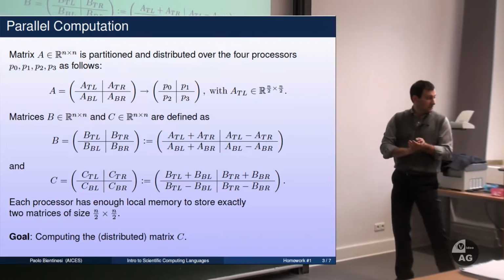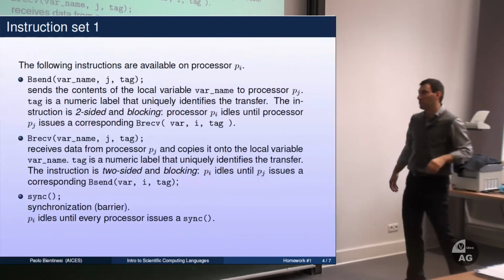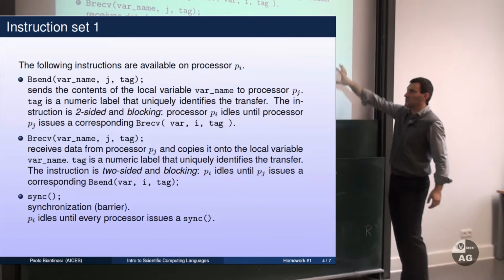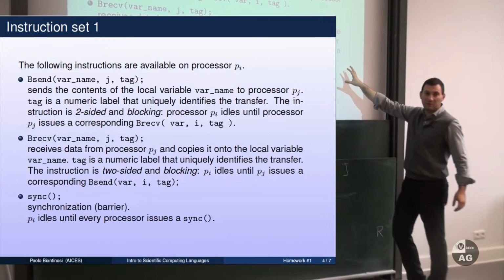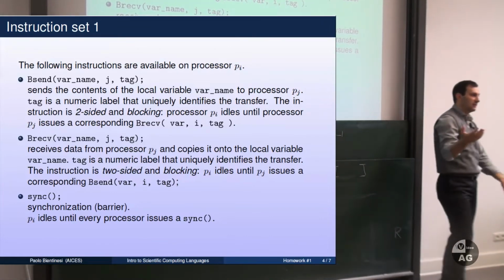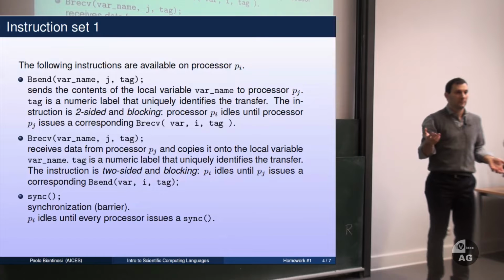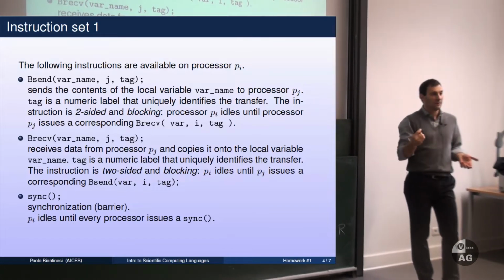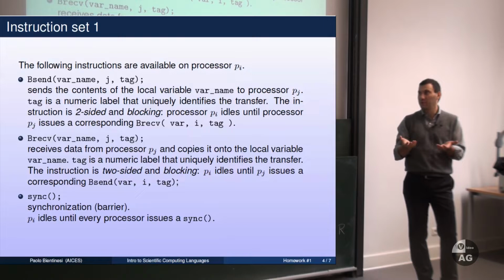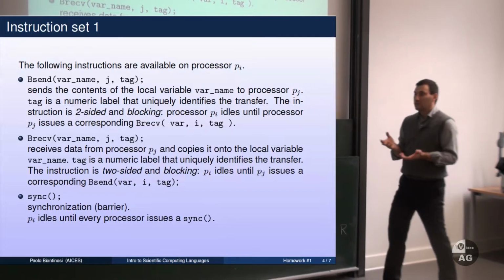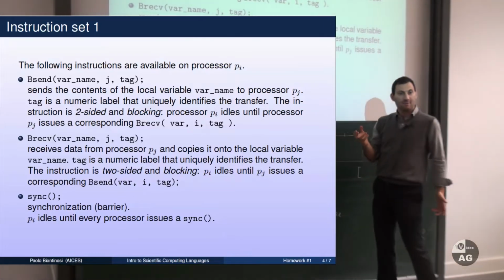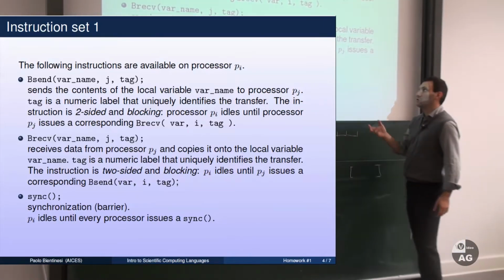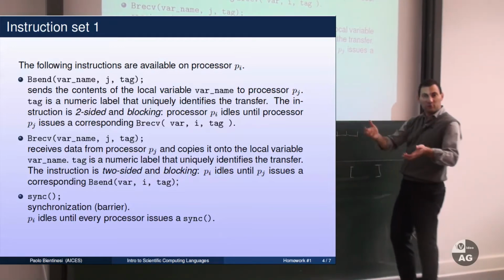Okay, let's look at how things could go wrong. So let's start with B sent, B received. Who said that this is MPI? Have I ever said this is MPI? Why did you guys submit MPI code? Come on. Because it's nearly exactly the signature of the MPI function. So what? You're supposed to abstract.